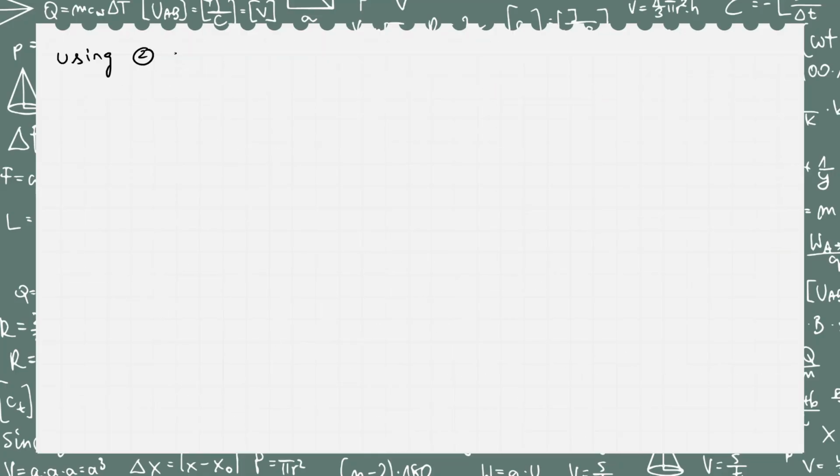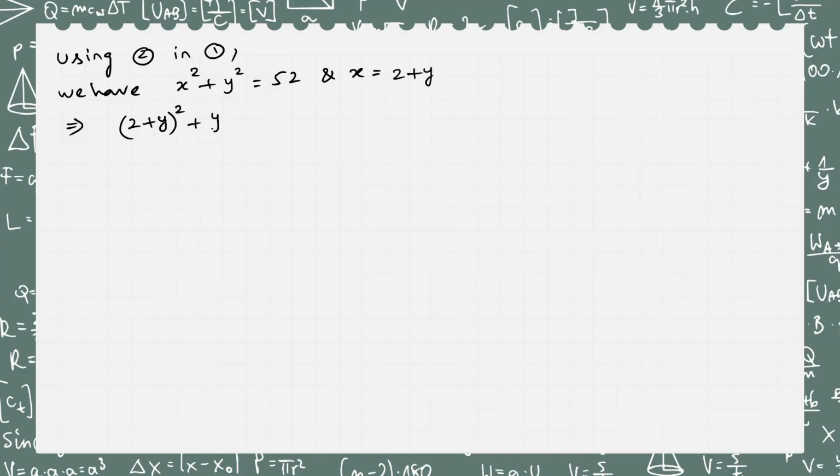Using equation 2 in equation 1, we have x square plus y square equal to 52 and x equal to 2 plus y implies (2 plus y) whole square plus y square equal to 52. 2 square plus y square plus 2 into 2 into y, right, that is the expansion, plus y square equal to 52.